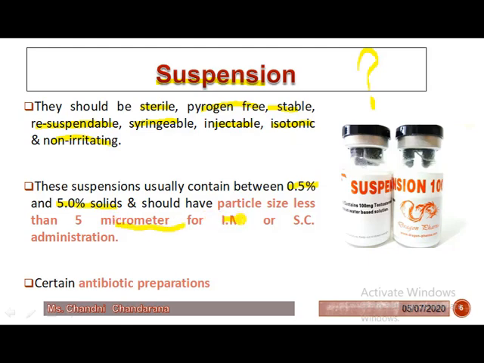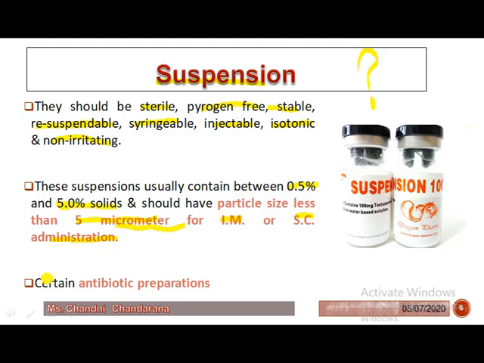The parenteral suspension is given by two routes, intramuscular and subcutaneous. So this suspension has the solids in this concentration range, and it should have a particle size less than 5 micrometer for intramuscular or subcutaneous administration.